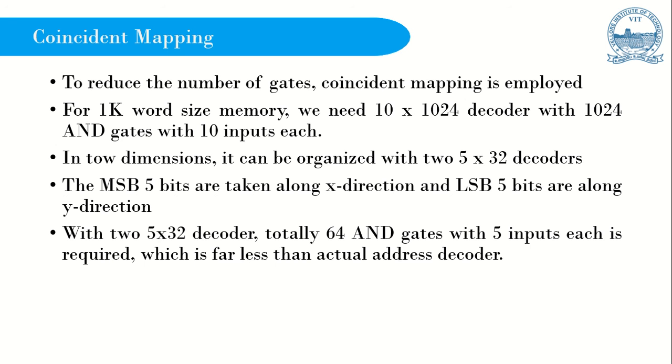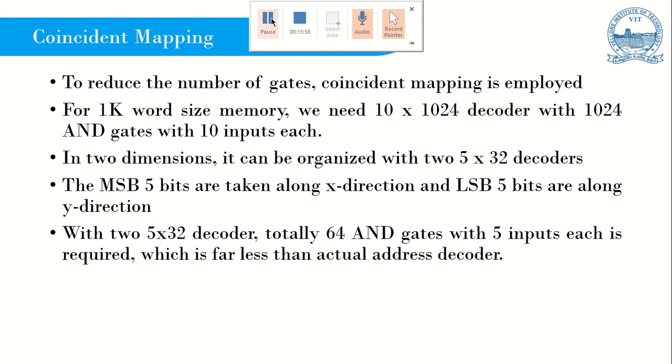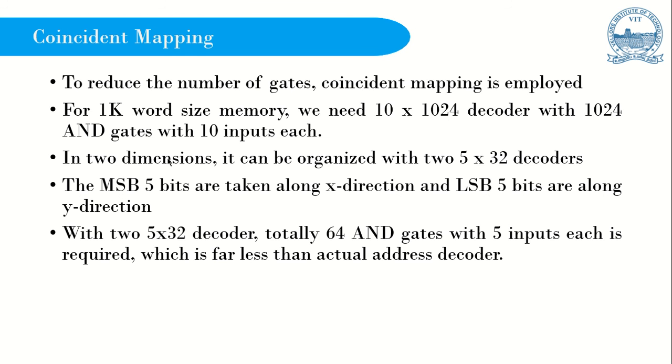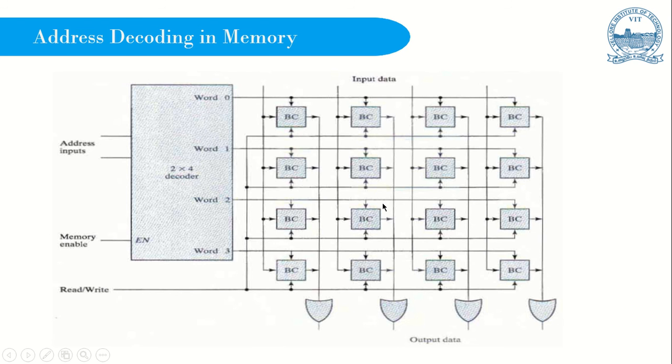So I want to have a change. In this case I want to modify how I am going to address the data. Instead of addressing the individual locations in one dimension, in the previous case, if we consider that 4 words are there, the 4 words are arranged only row wise.